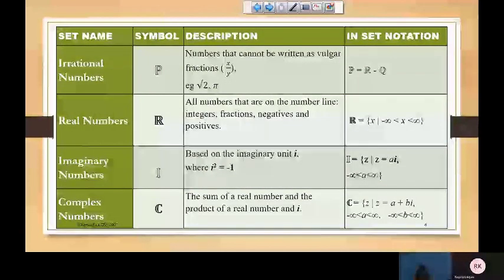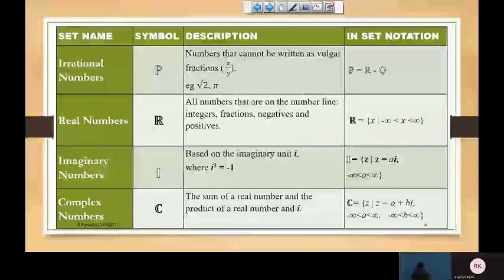Let me just put it that way. So imaginary numbers don't exist in our real universe, but we use them. These numbers are used by mathematicians, they're used in engineering, and some applications here and there in computing require that you actually create a number that doesn't really exist.